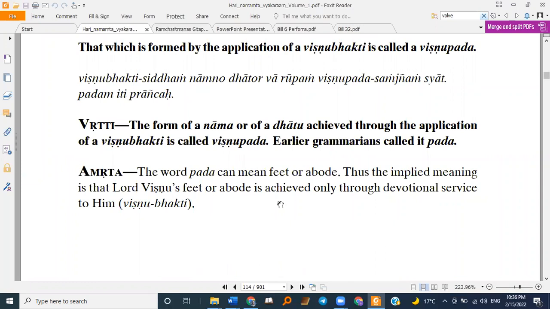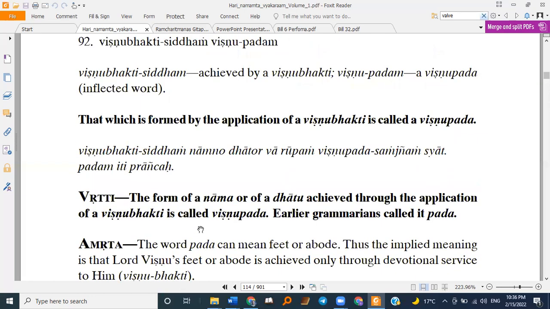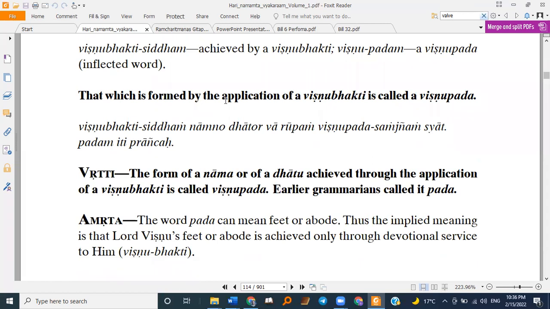So Vishnu Bhakti na Siddham Vishnu Padam iti Vishnu Bhakti Siddham Vishnu Padam. Yes. Thank you, Prabhuji. I'm used to thinking in a grammatical way, so I didn't.